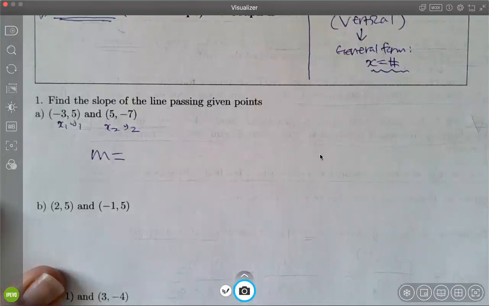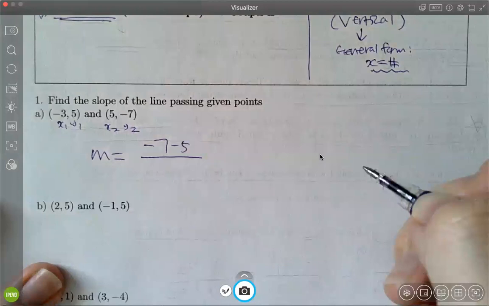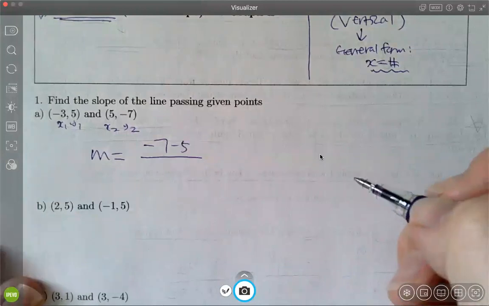So if you feel comfortable with doing y2 minus y1, you can use it. Okay, that's fine. So it doesn't really matter, right? So what is the numerator of the slope? -12. Okay, so -7 minus 5, right? Now, what should be the denominator then? 5 minus -3, right?